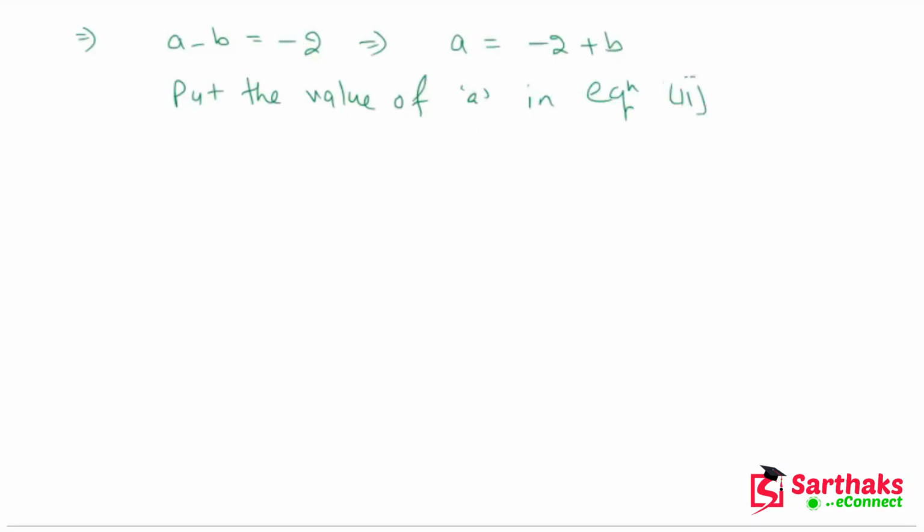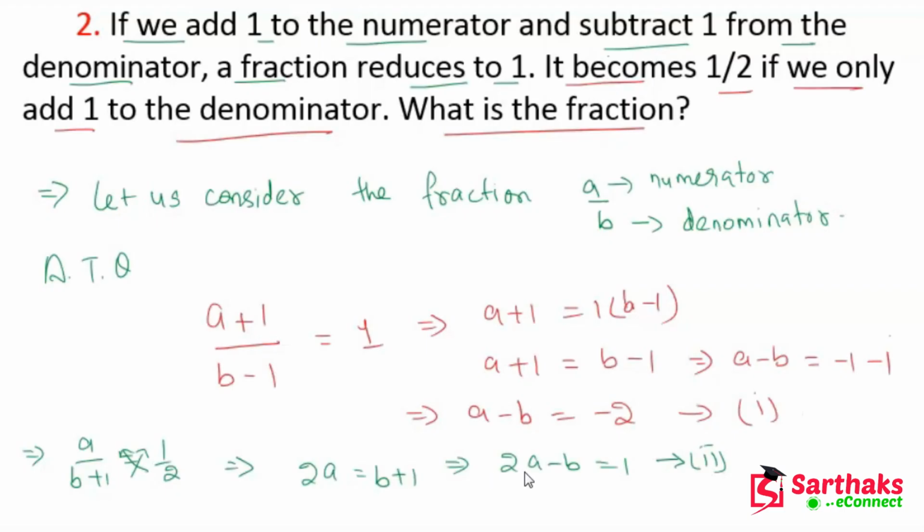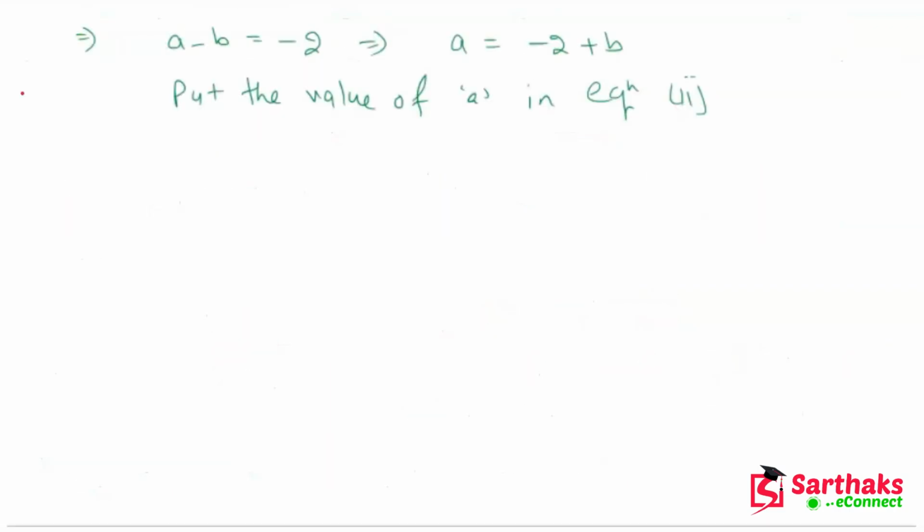What is the equation second? 2a minus b is equals to 1. So we get 2 into minus 2 plus b, minus b, is equals to 1.